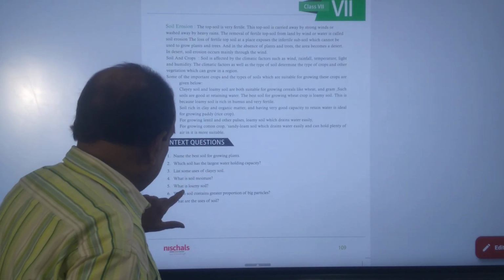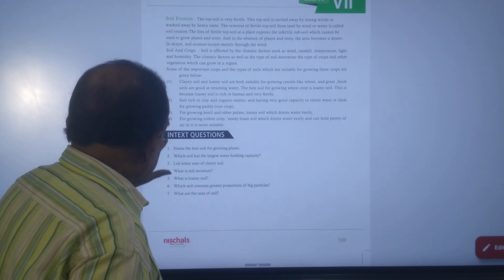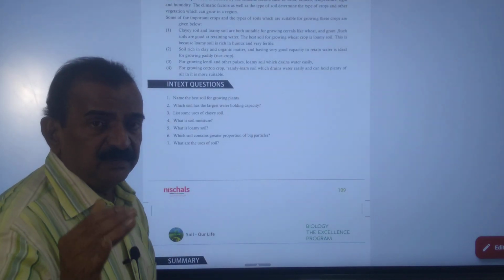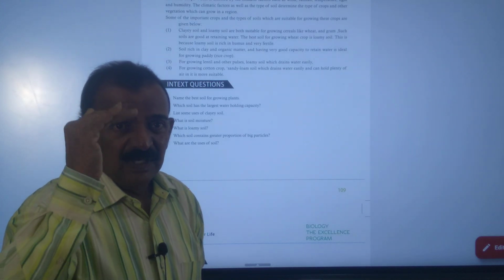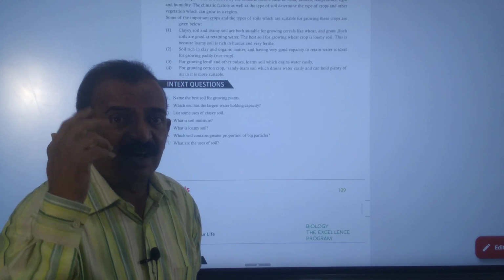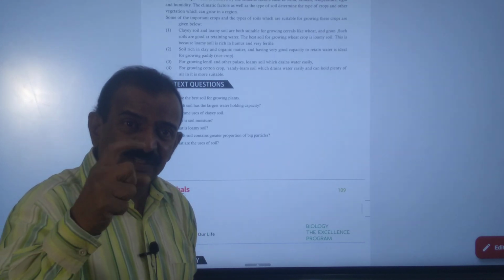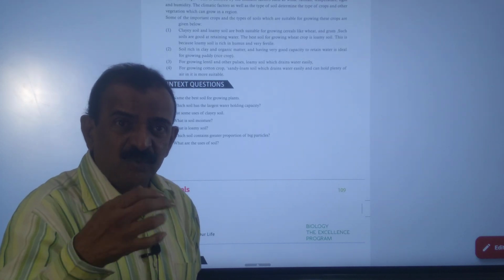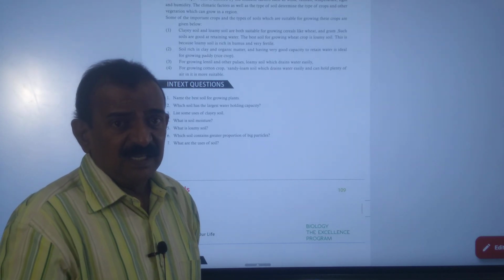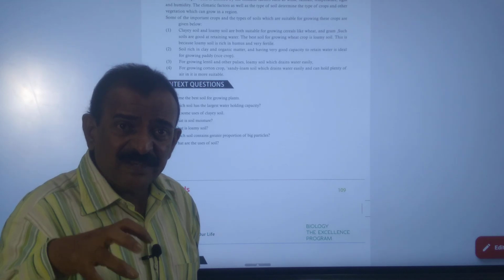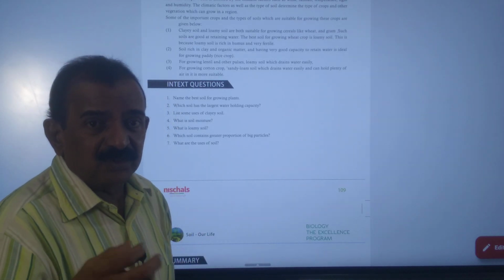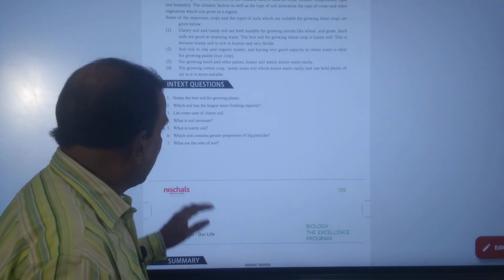And what is loamy soil? Already we discussed. And what is soil moisture? The topmost layer of the earth's crust is soil, and the soil consists of moisture. Already we did a small activity to know whether the soil has moisture or not, and the moisture present in the soil makes it useful for the growth of the plant.